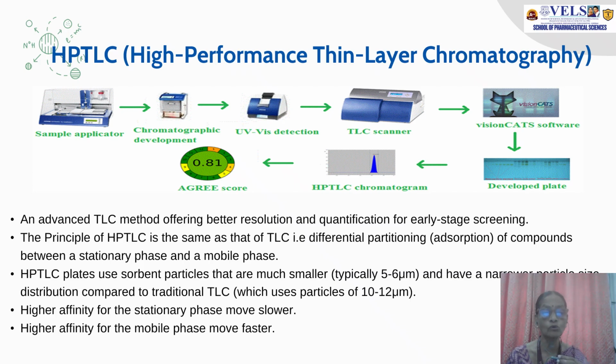HPTLC plates have much smaller sorbent particles, typically 5 to 6 micrometer, with a narrow particle size distribution, compared to the traditional TLC method where the particle size is about 12 micrometer. Compounds with higher affinity for the stationary phase move slower, whereas those with higher affinity towards the mobile phase move faster, so they get separated. Based upon the affinity towards the mobile phase and the stationary phase, the compounds get eluted or retained.